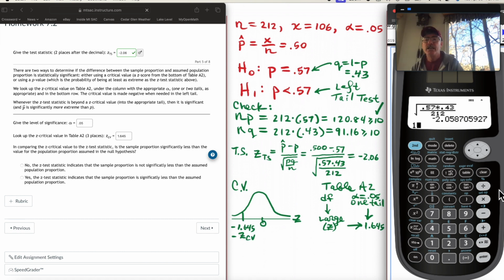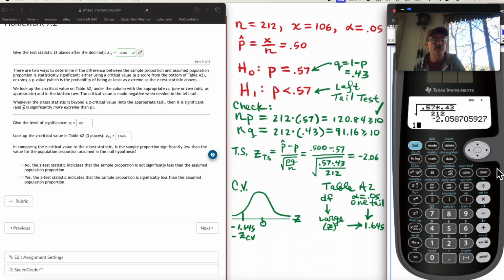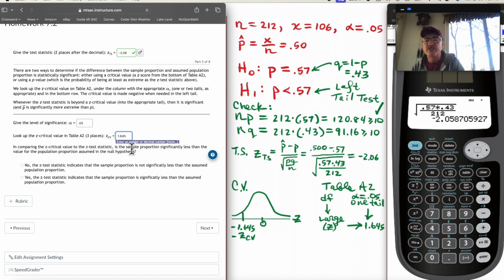All right. And so I just want to put in the correct value over here. I put in a 1.645 here, but it should be negative. It's a left tail test. So let me just change that to a negative. And then we can decide if our test statistic here is statistically significant. So what you want to do there is just kind of plot this point.